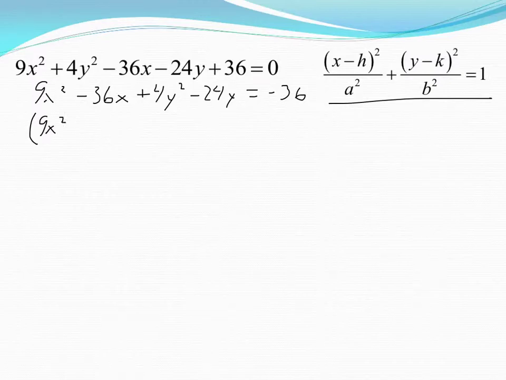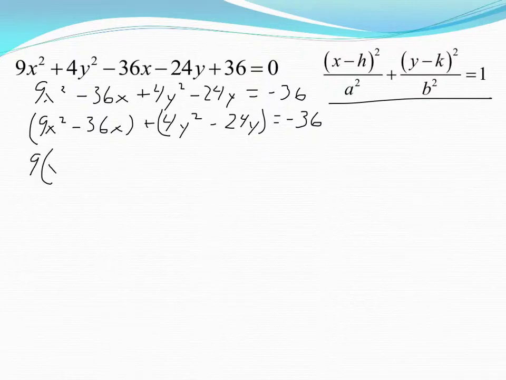What makes ellipses and eventually hyperbolas a little more difficult is because they do have these coefficients in front that are going to be different. And so we need to take that into account whenever we are completing the square. It's always best to remove any common factors that you have to make completing the square much easier.